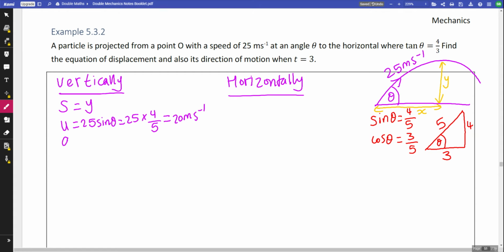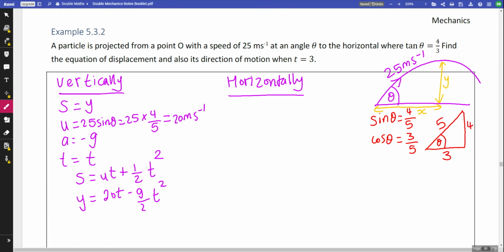Vertically, we also know that acceleration is -g. And we're going to say that this vertical displacement of y happens at some general time t. So we're going to let t equal t, and then we can form a suvat with this information. So we can write that y equals 20t minus g over 2 t squared.